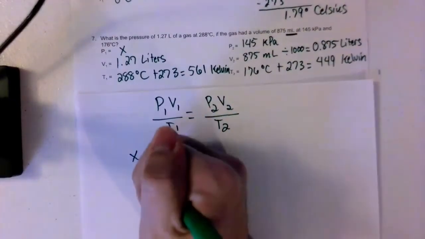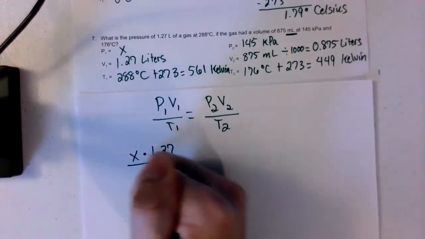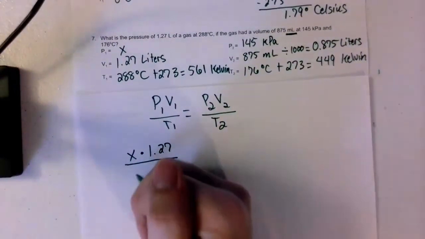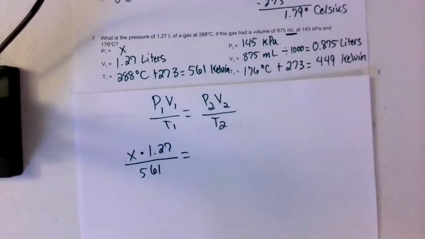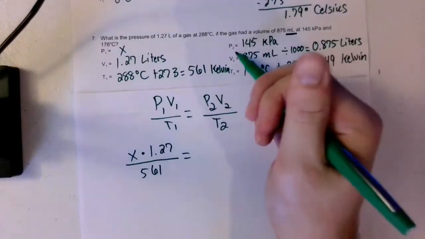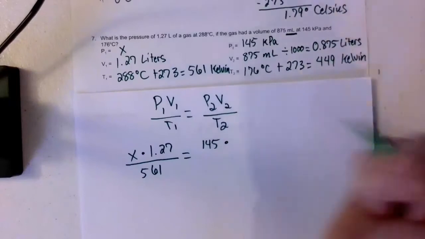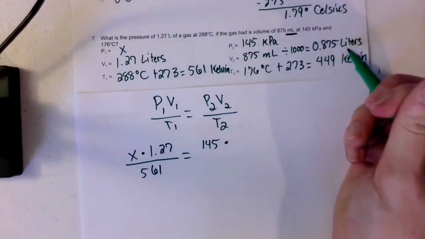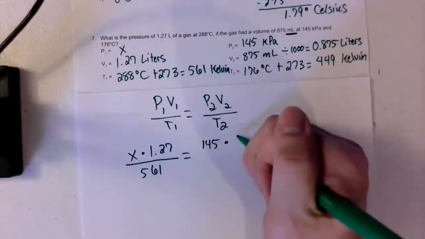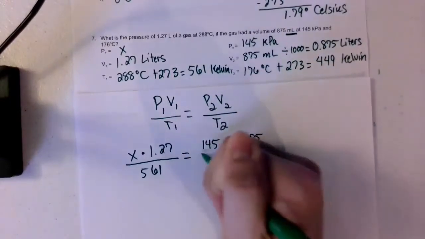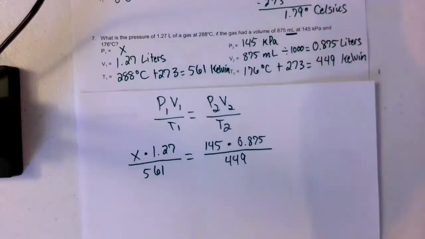Times the V1, which is 1.27, over the temperature, and remember it has to be in Kelvin, so I'm going to write 561. It's going to be equal to the P2, which is 145, times, we have to use the liters instead of the milliliters, because remember, these two have to match, so times 0.875, all over the temperature in Kelvin, which is 449.